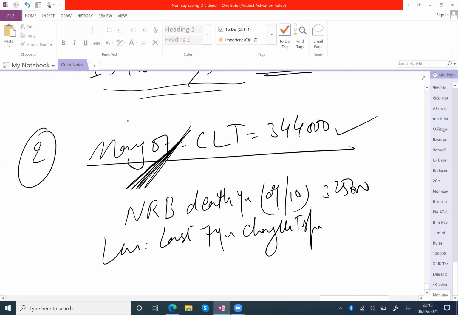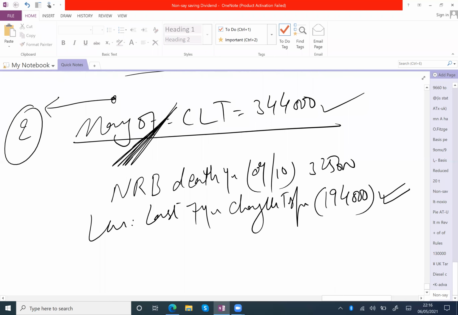So from the timeline, from May 07, go back 7 years, and you can see the PET within 7 years. So the PET becomes chargeable at death. So it becomes chargeable now. And which value you can deduct is a very important point.